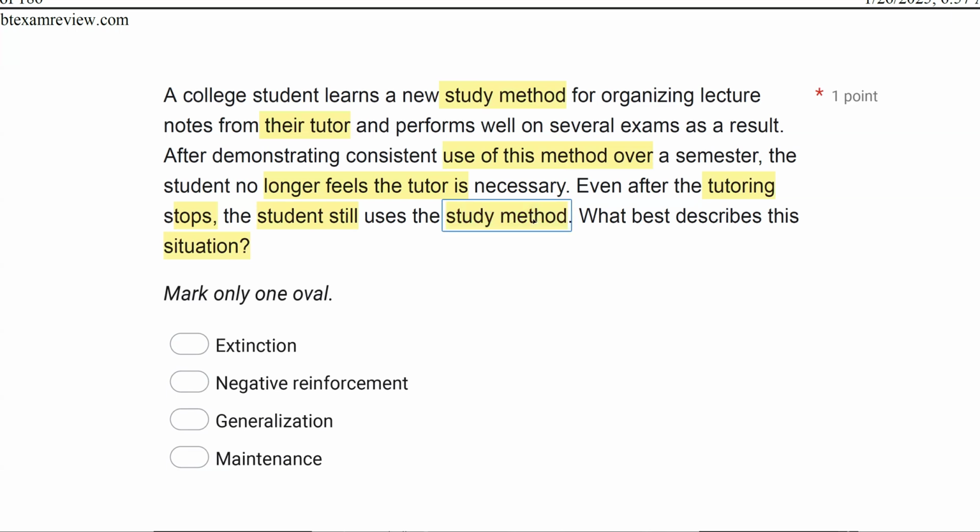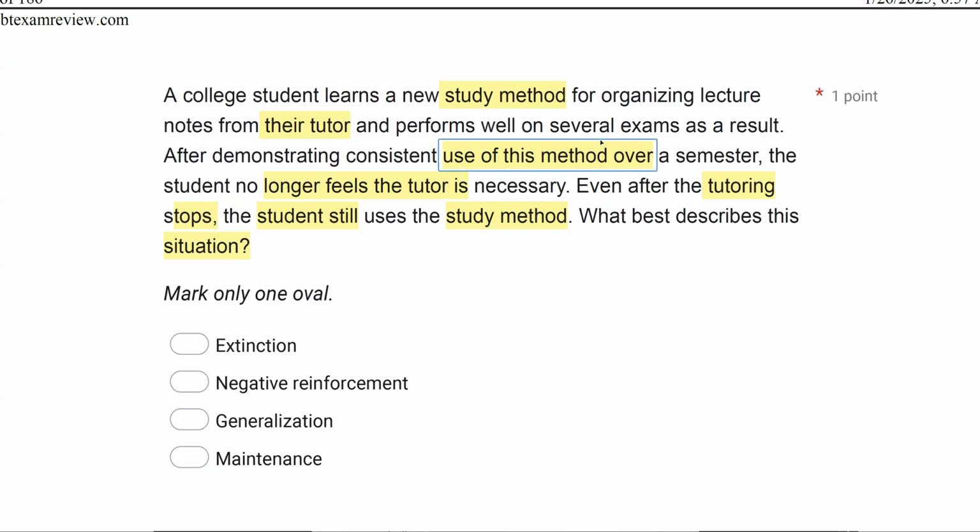So immediately think, if I teach something and then I stop teaching it, and yet the skill continues, what is that considered? A, extinction. Well, extinction doesn't appear to be here because the behavior is continuing. So nothing's been put on extinction. B, negative reinforcement. Well, the student is using the study method to get good grades and he's not removing anything, right?